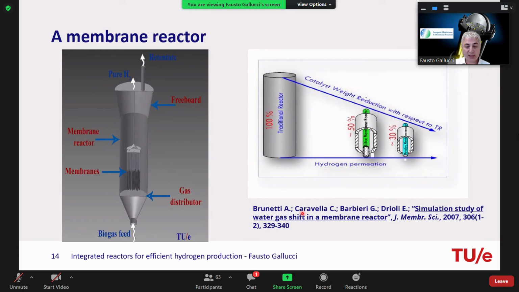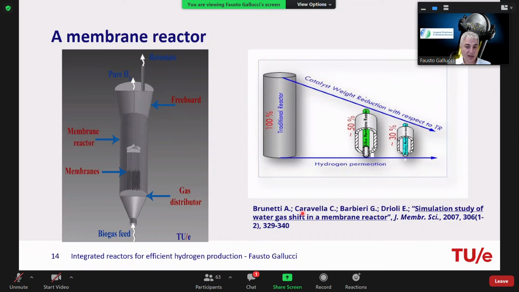Now, you have to consider that when you integrate two functions in a single reactor, like in a membrane reactor or in an absorption-enhanced reactor, the single system is smaller than two separated systems. On the other hand, when you have the two systems separated, you can optimize the reactor and the separation, so both can be optimal.